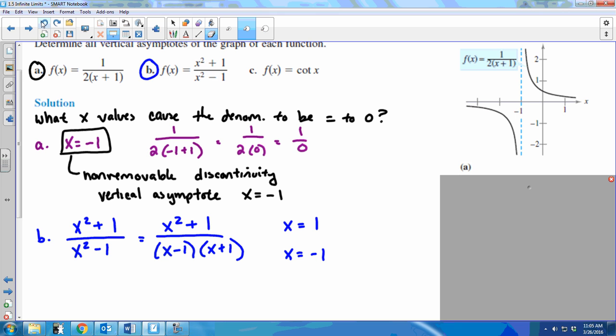So both of those cause the denominator to be 0. I cannot cancel out any common factors because I cannot factor x squared plus 1 in the numerator. Right? There's a plus sign in the middle. To factor it, you'd need two numbers that multiply to get 1 and add up to be 0, and that doesn't work when you have a plus sign. So we have two values here. Both are non-removable discontinuities.